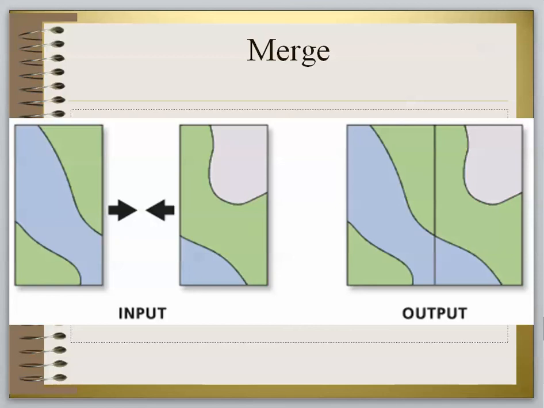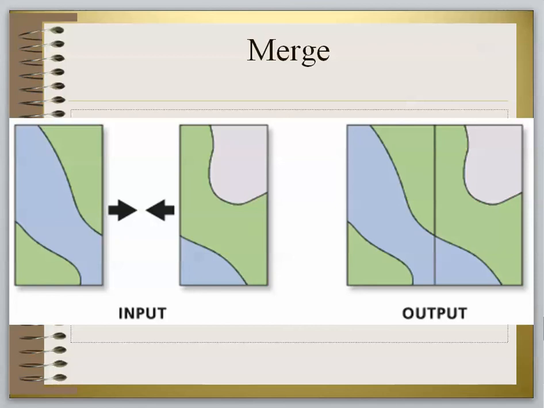You had another layer that showed the Atlantic states, another one that showed the Northwest, and so you had all these bits and pieces of the country, and you created them as separate layers, and you said, gosh, I wish they were all just together in a layer called the United States. Why do I have them all separate? Well, welcome to merge. What you do, everybody, is you take the different parts, so to speak, of like features, and you're going to be able to put them together into one layer.